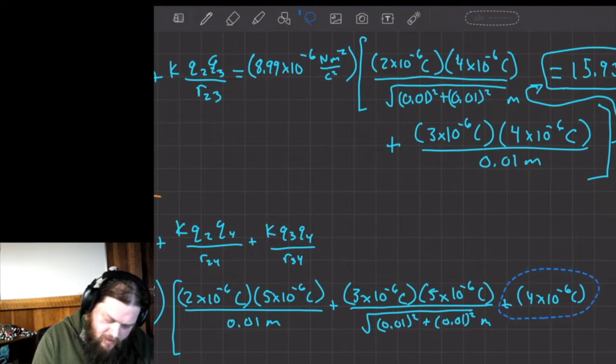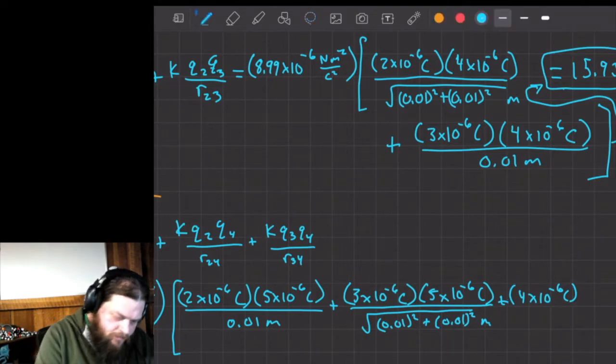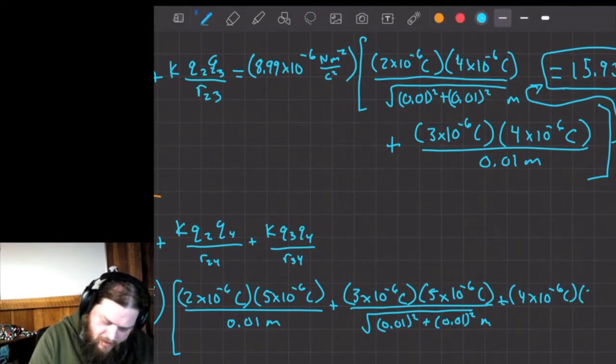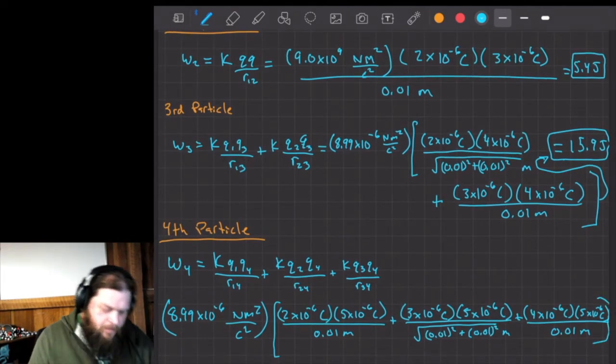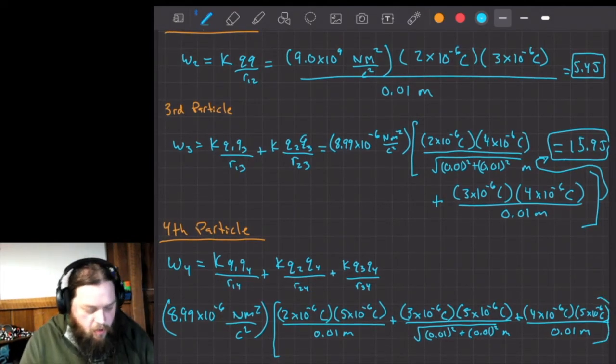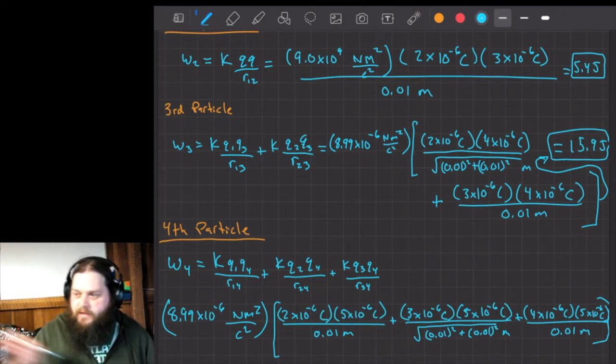Let's adjust slightly. I just got to squeeze in a 5 times 10 to the negative 6 coulomb there, dividing by 0.01 meters. I can close my bracket, and that should give us the total work done on the fourth particle as we move it in.